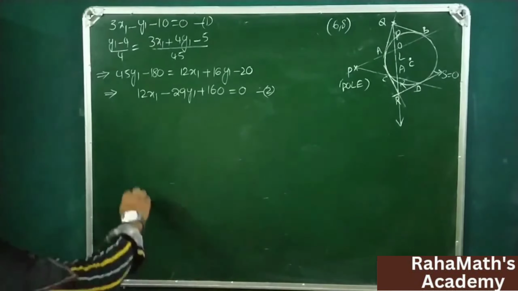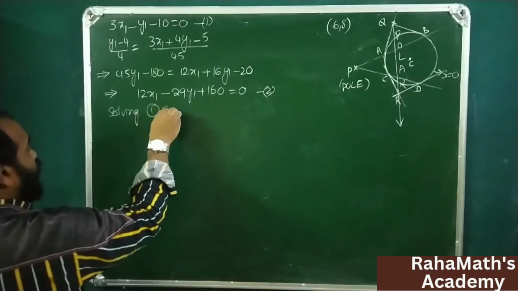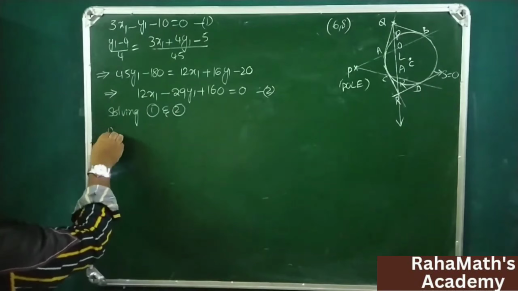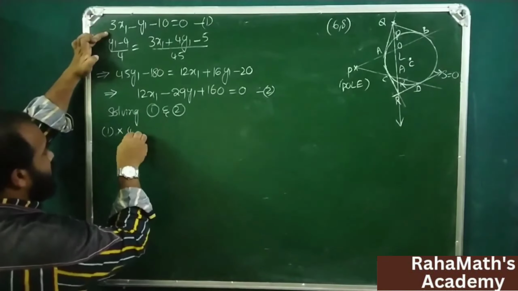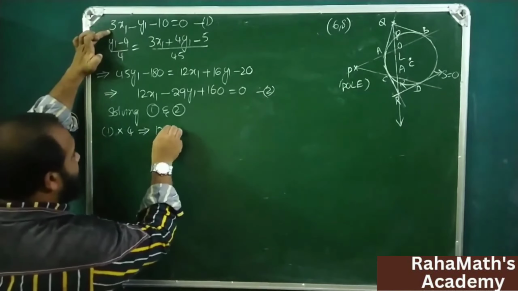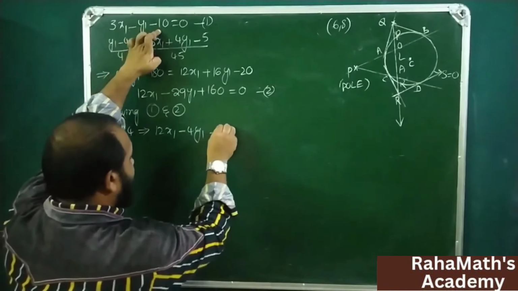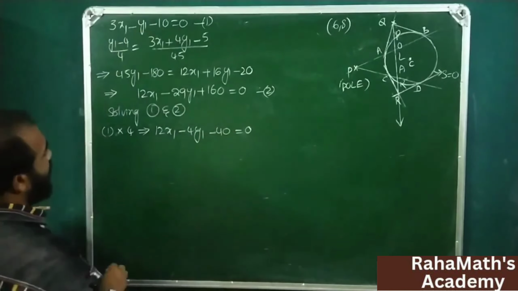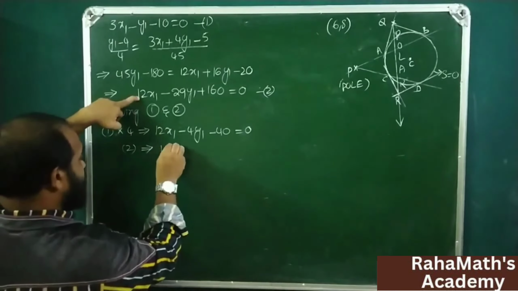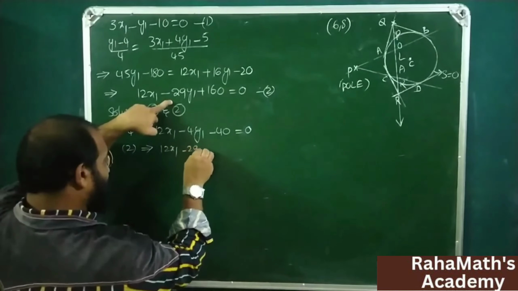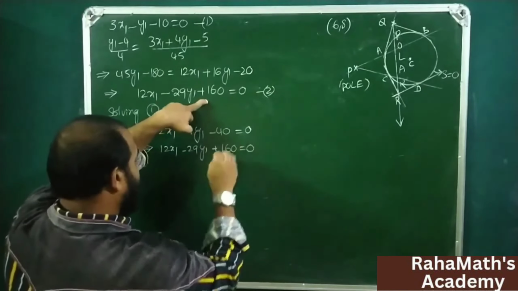Now solving 1 and 2. The first equation I will multiply with 4. Then 4 3s are 12x1, 4y1, 4 10s are 40 equals 0, and the second equation is 12x1 minus 29y1 plus 160 equals 0.